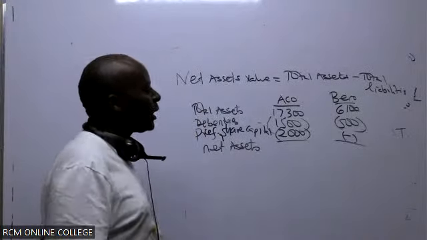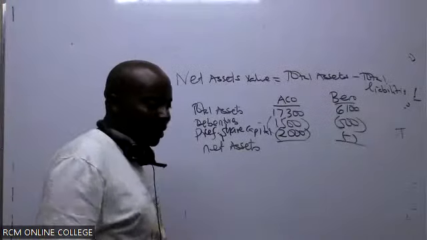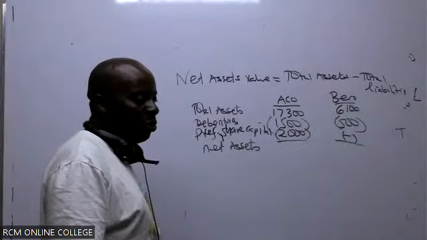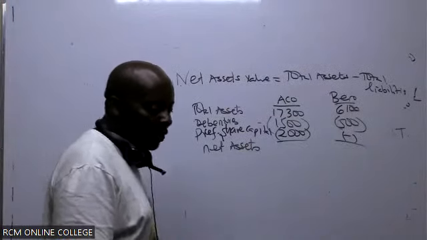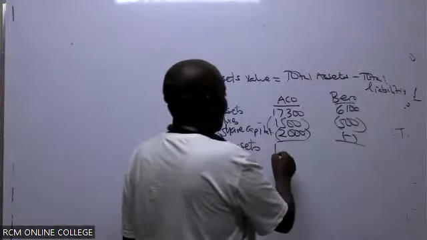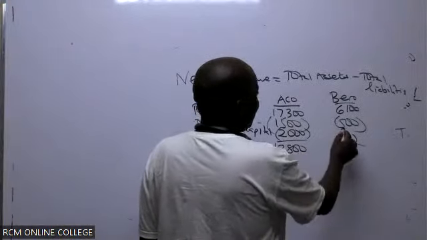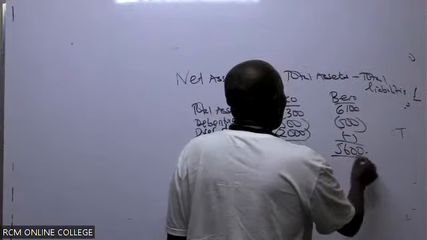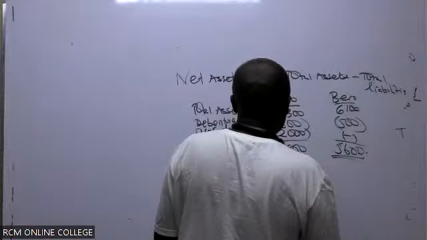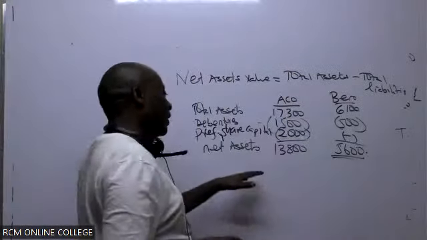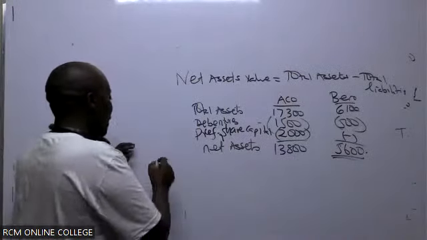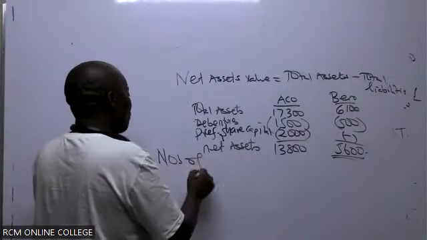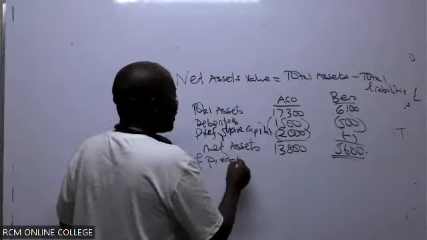Are you able to give me net assets of ACO? Anybody who is able to give me 13,800. So this is 13,800, and then this one here will be 5,600. So then the exchange ratio, if we are using net assets basis, we shall take that divided by this. So we have here number of ordinary shares of the predator using net asset basis.